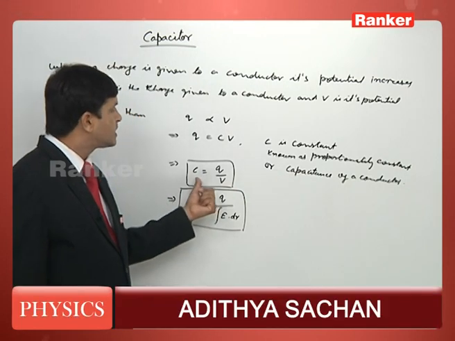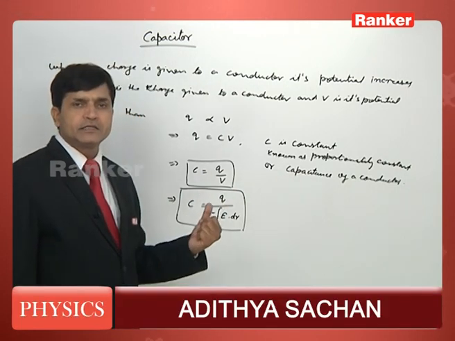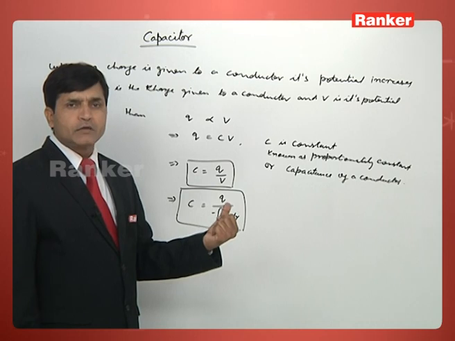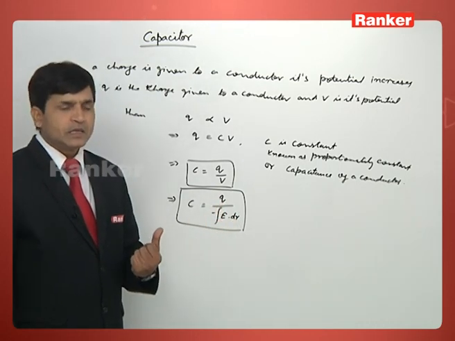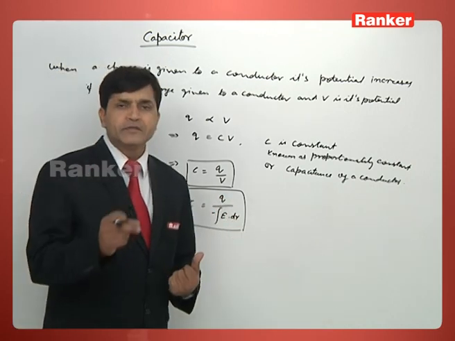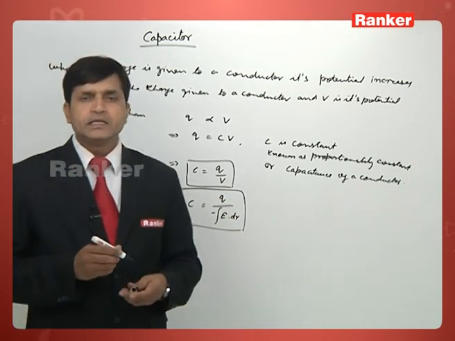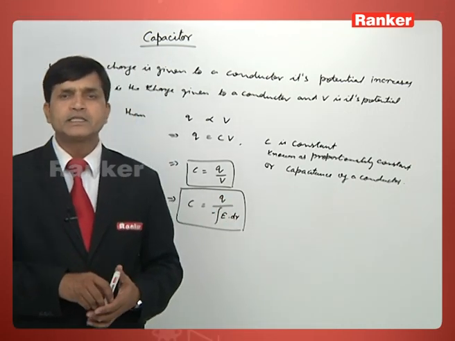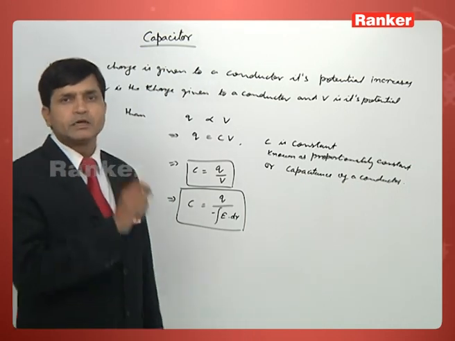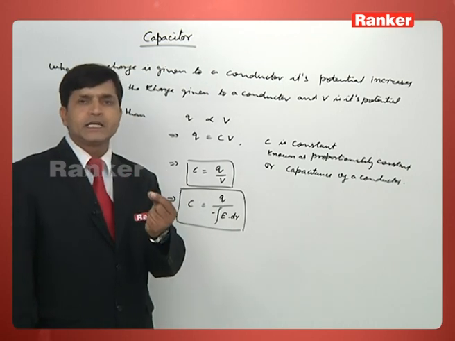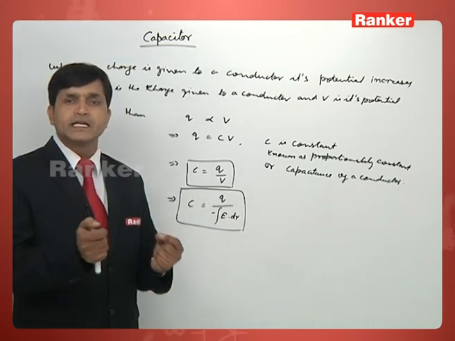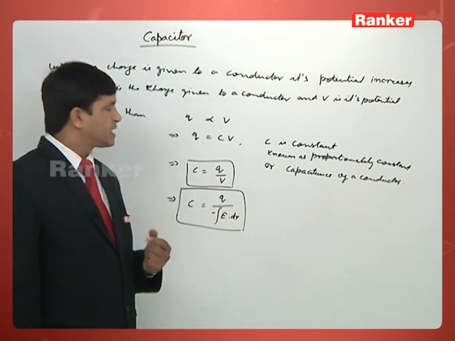It is similar to what we have read in the case of Ohm's law. In Ohm's law, we found V is equal to R into I, so R is V by I. It does not mean that resistance depends on potential as well as current. That resistance is just like a proportionality constant which relates potential with current.